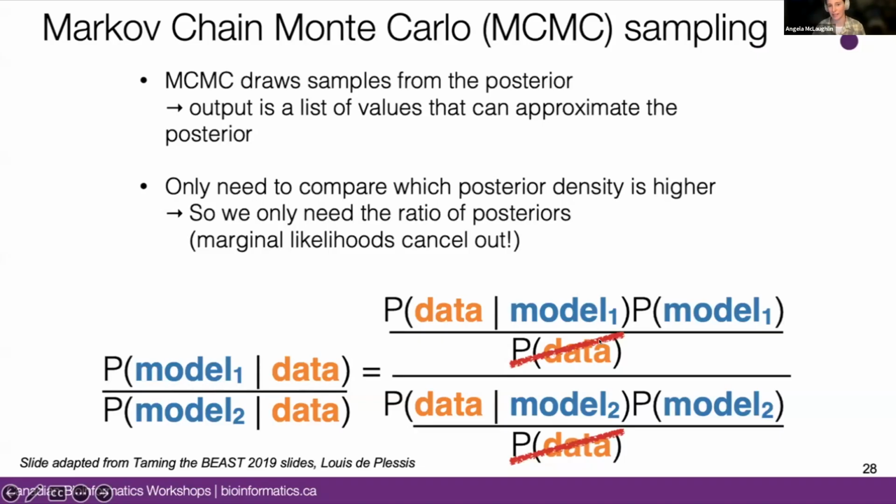So it removes the need for us to calculate that marginal likelihood. So that's a very nice feature of Bayesian statistics, and it allows the underlying algorithm walking around this landscape to sample from the posterior to compare models and whether to select them or not.